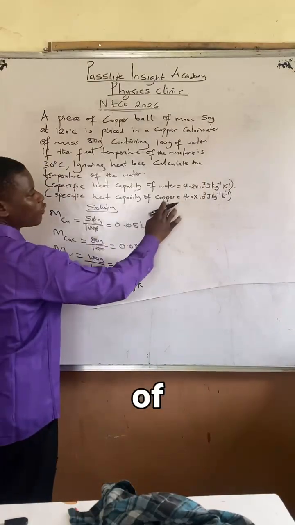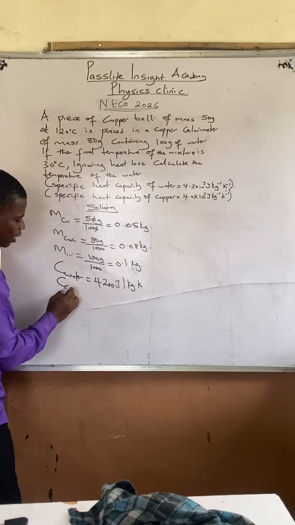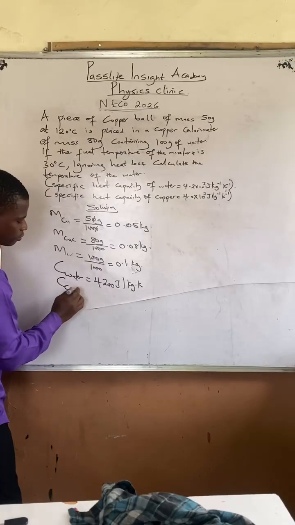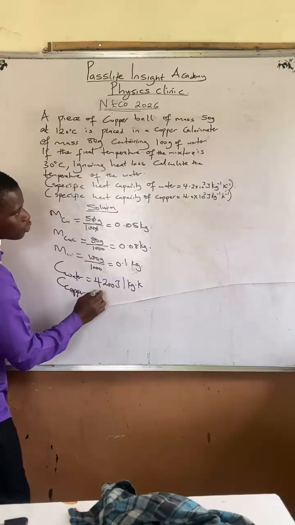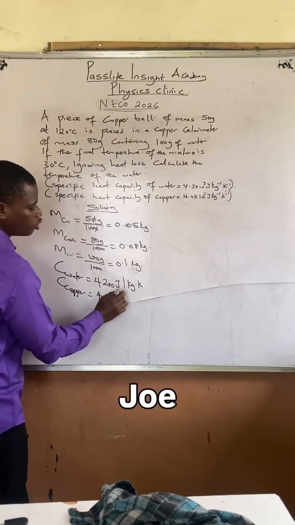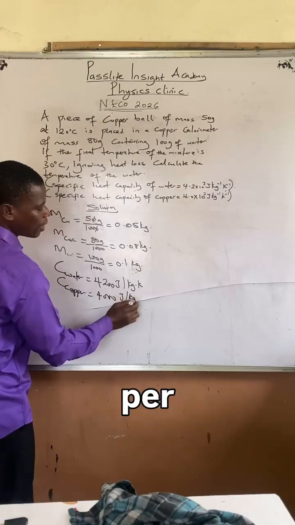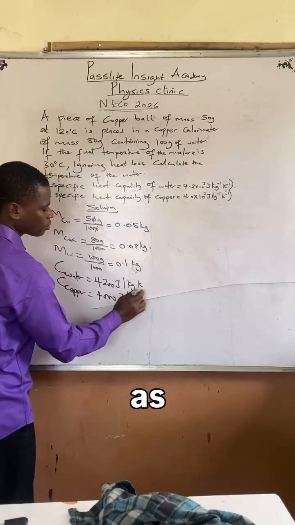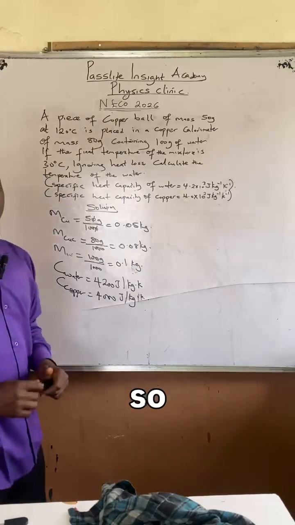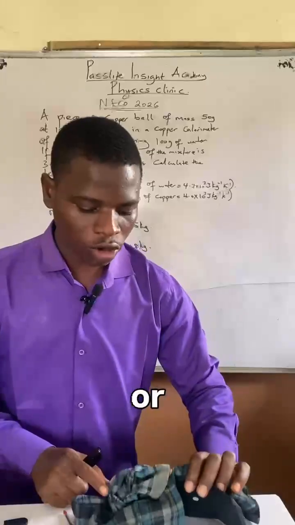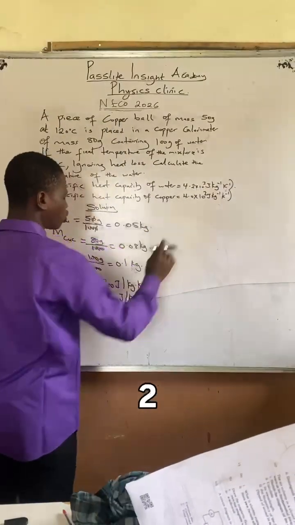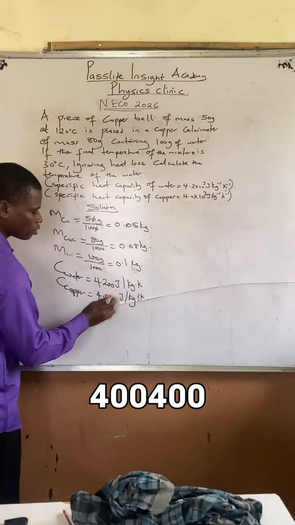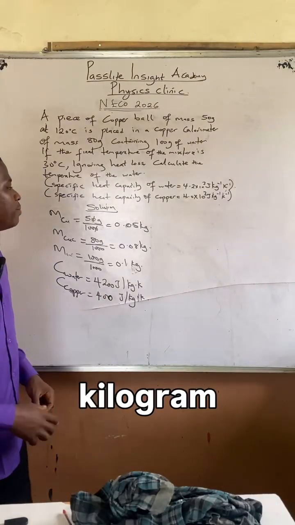The specific heat capacity of copper, C of copper, is 400 joule per kilogram per Kelvin.